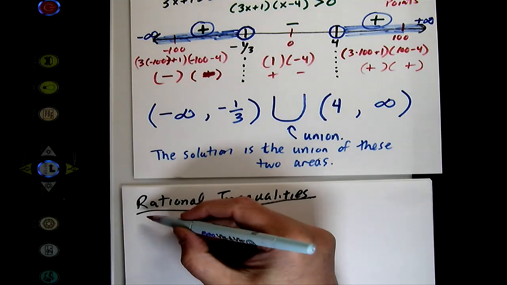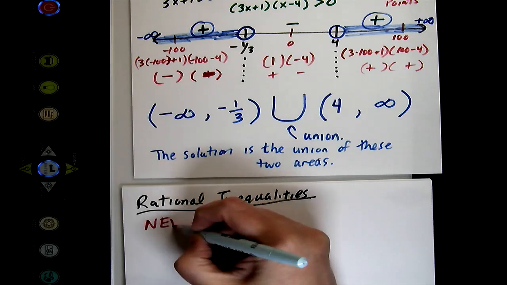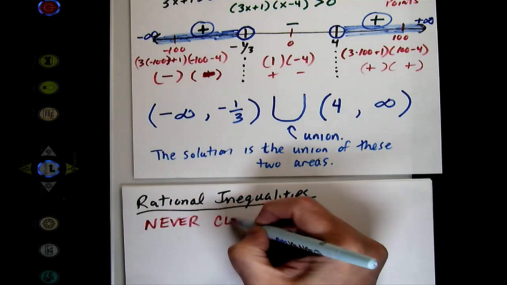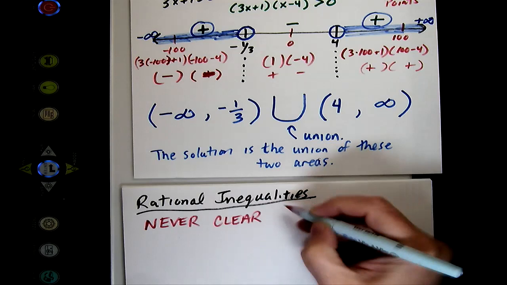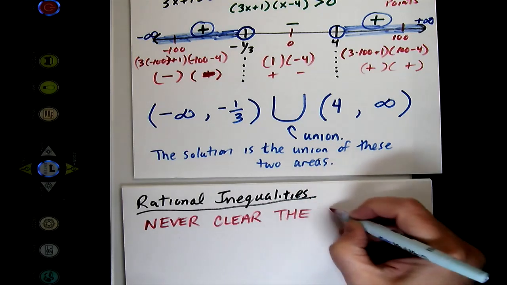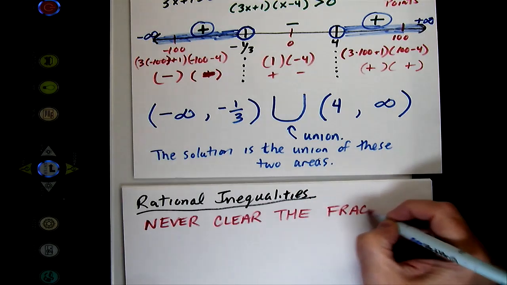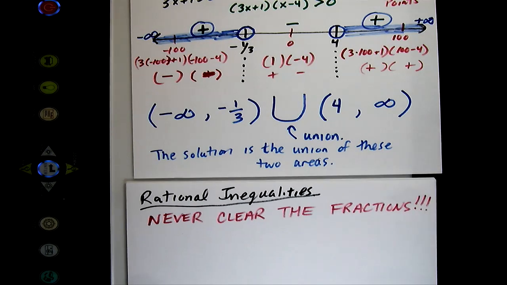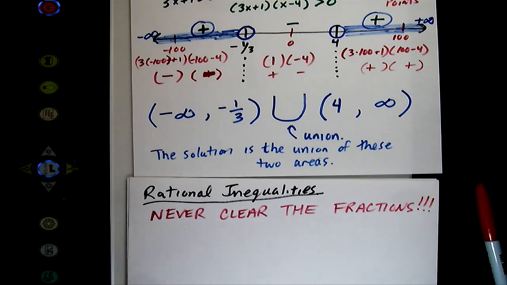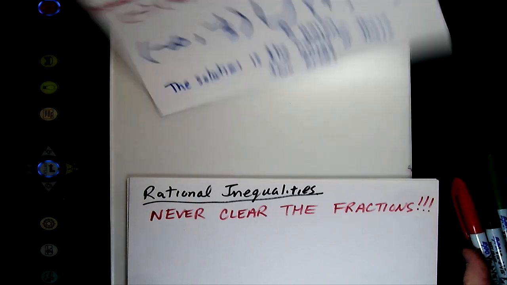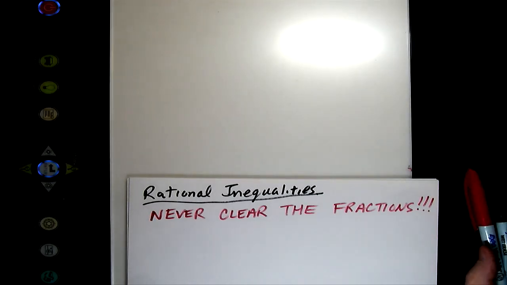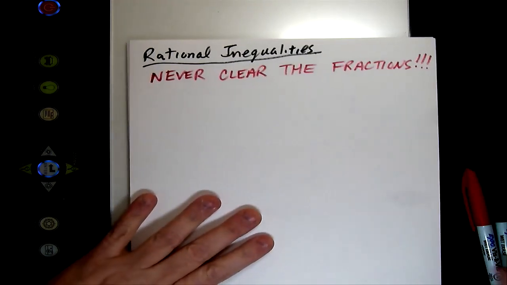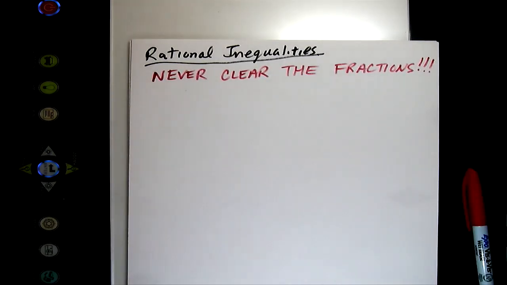This is the one time you never clear the fractions. Very important. You just gotta deal with them. You gotta keep them the whole way. And you're like, what do you mean by that, Jones? Well, let's take a look.